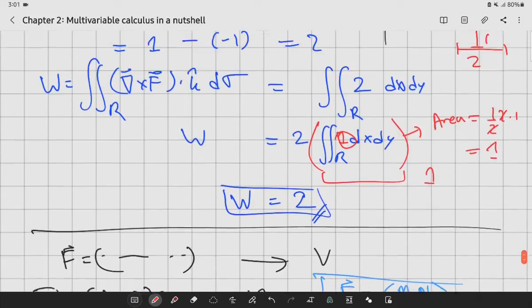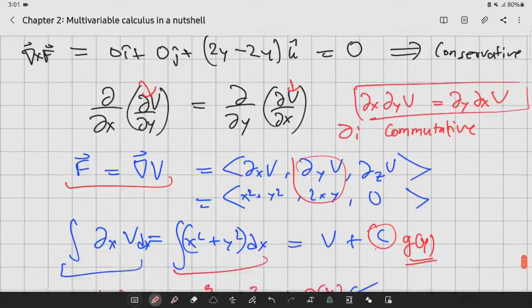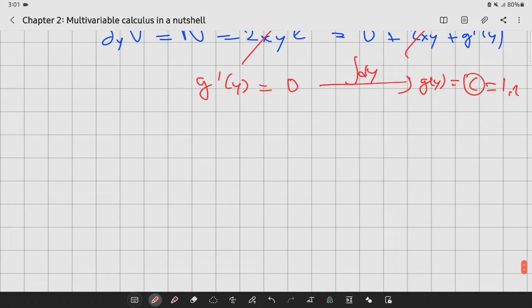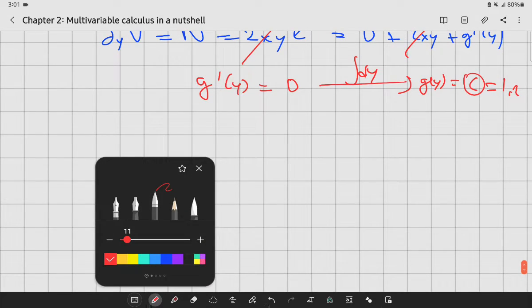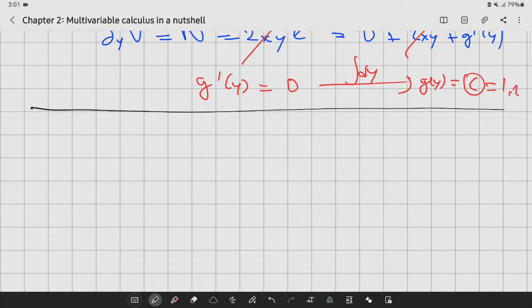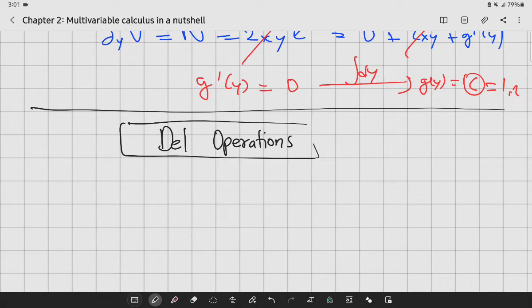Okay, so we have now almost finished the chapter on multivariable calculus. There's one small thing that I have to cover now. This is the del operators. If you remember, we haven't discussed del operations in different coordinate systems. We've only dealt with the gradient, the divergence, the curl, and the Laplacian.